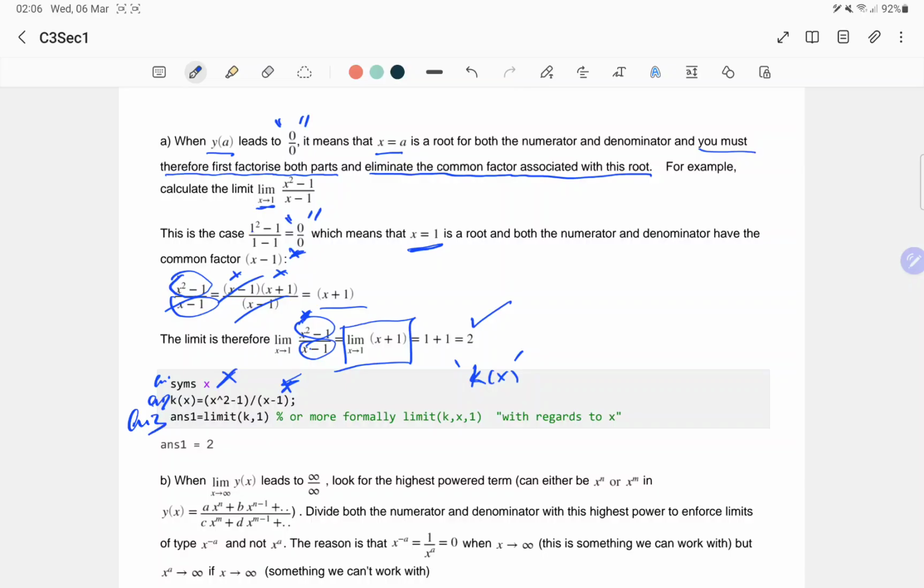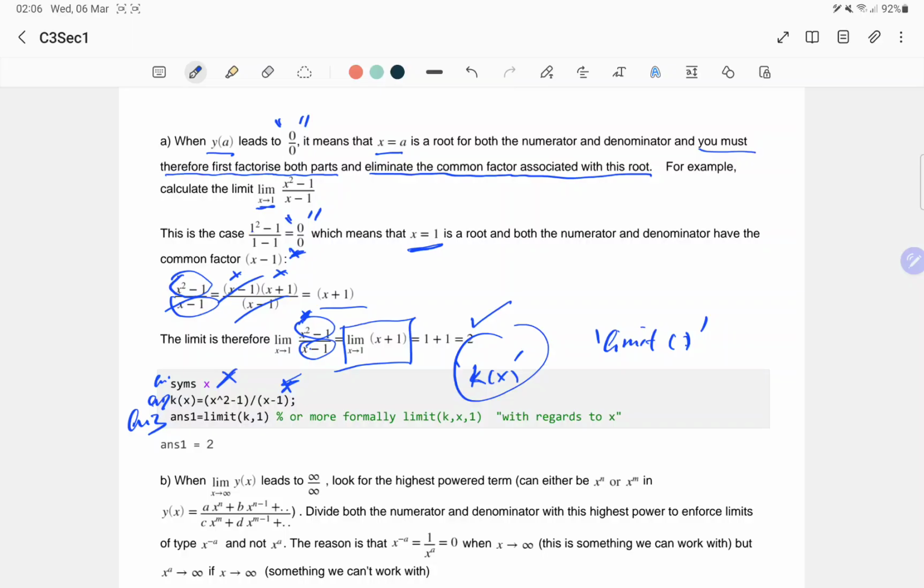Third line. In this line, the limit function in MATLAB is used to compute the limit of the function k of x as x approaches the value 1.